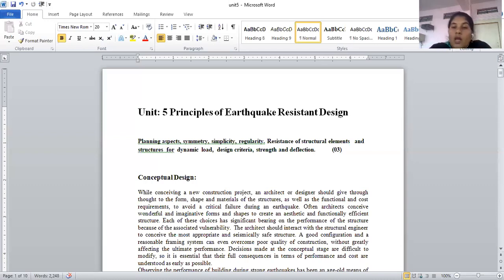Write down: while planning a particular structure, the guiding principles to consider are given below.